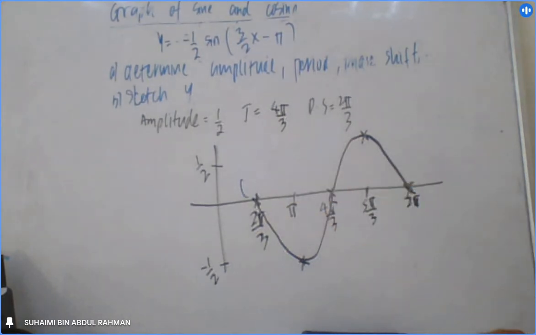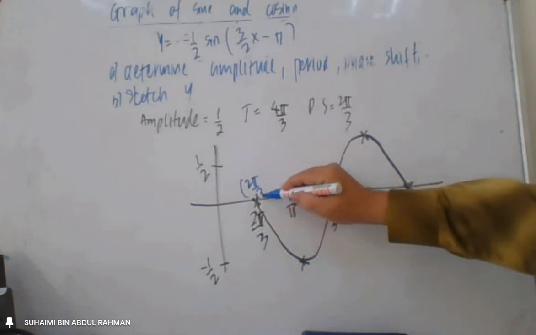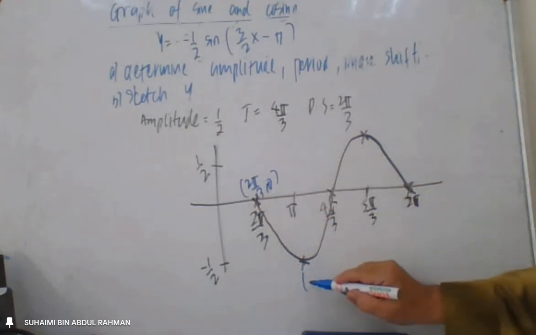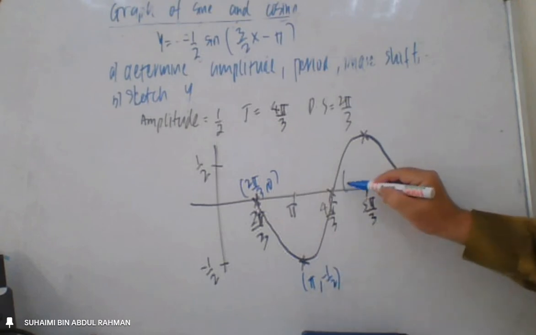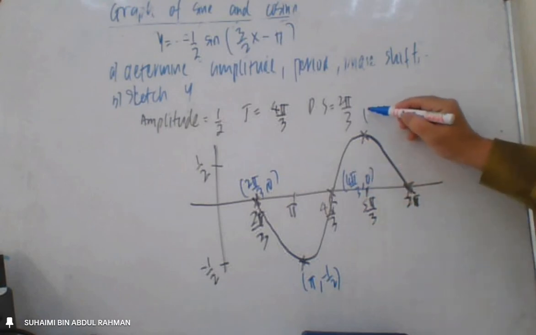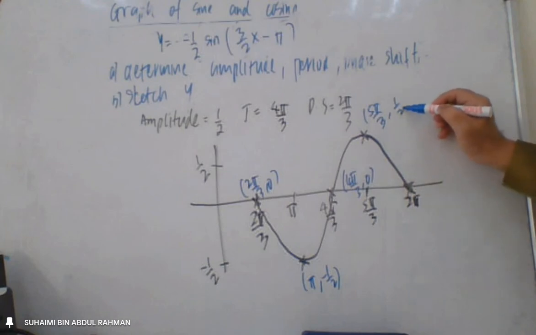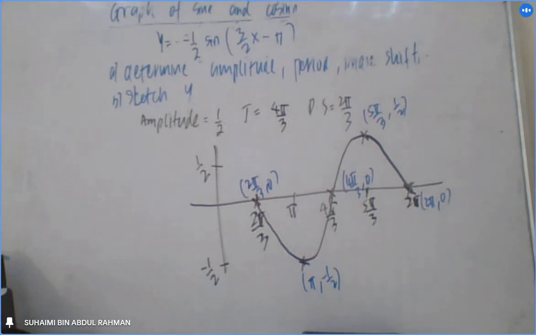The first one is the point of what? 2 pi over 3, 0. Those 5 points.